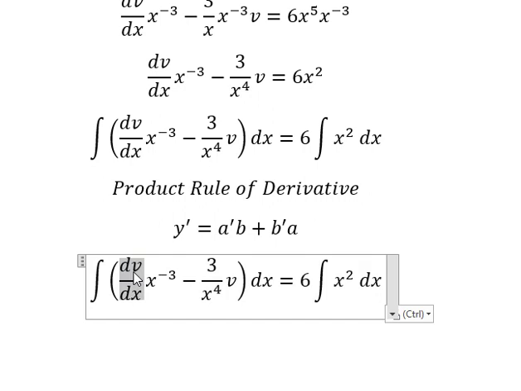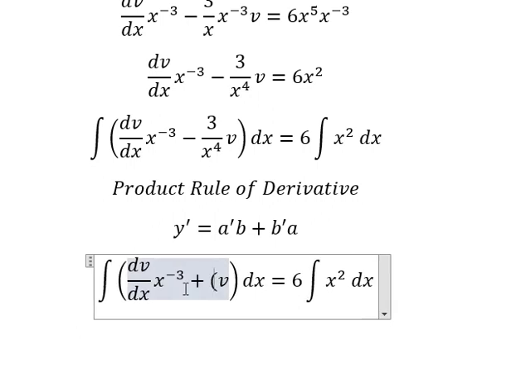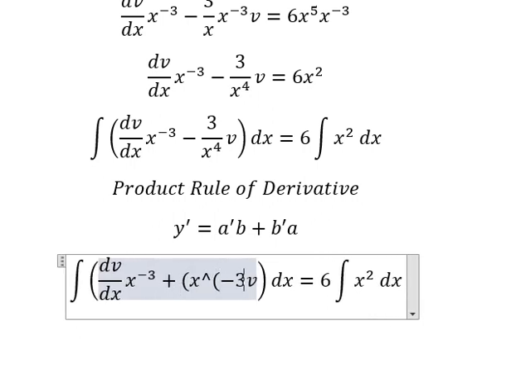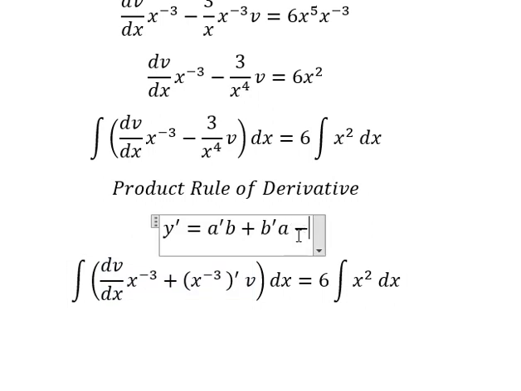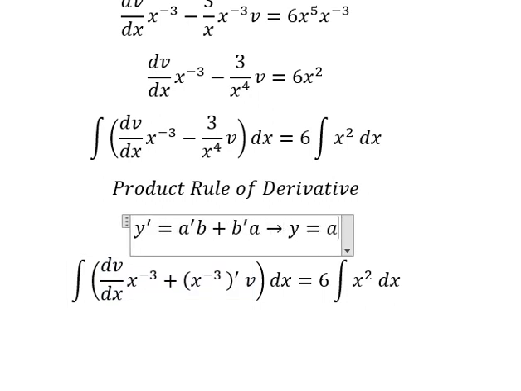So we have the derivative of a multiplied by b. This one we have the derivative of b multiplied by a. So the integration of this one, we have y equals ab.